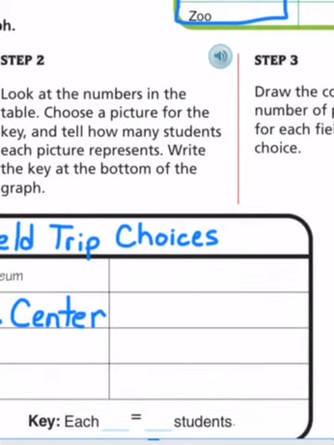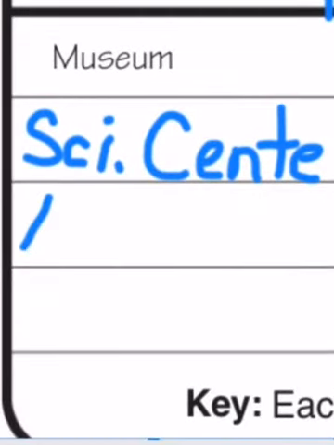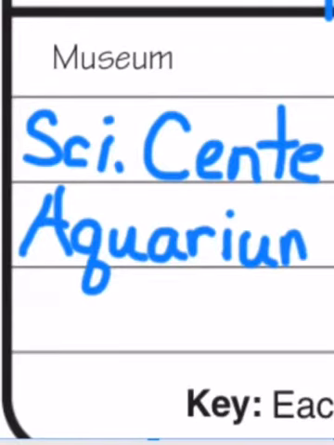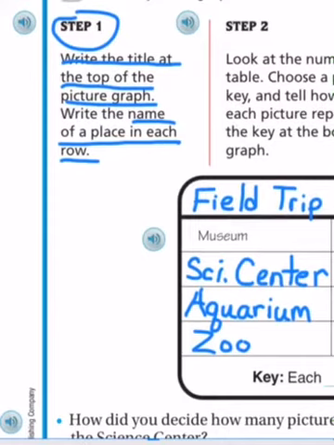So we also have aquarium and zoo we need to write in here. Aquarium. And it takes me a little bit longer to write on the iPad, but it should allow you to keep up. And the last one is zoo. Z-O-O. There we go. So that was step 1. We took care of all those things here in step 1.